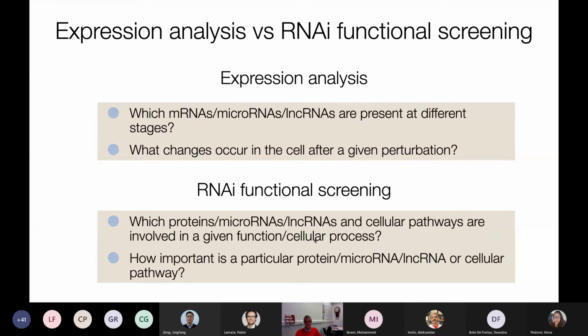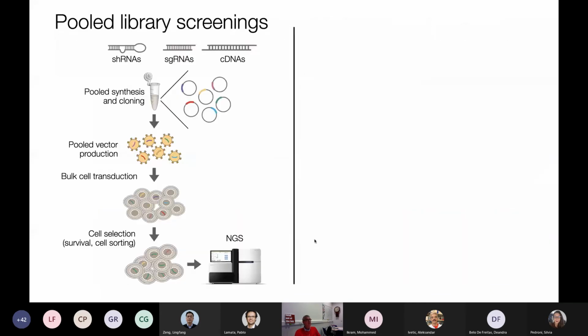So you don't observe what the changes are, but you search for those that induce these changes, with one essential additional difference: if you do observational analysis, you don't know what is important or not. You try to guess it beforehand, because an mRNA that changes 10 times probably is more important than an mRNA that changes 2 times. But this is just an assumption. Well, if you do a screening and you search for a phenotype, then you can rank the potency by which any of the factors you have tested change that phenotype.